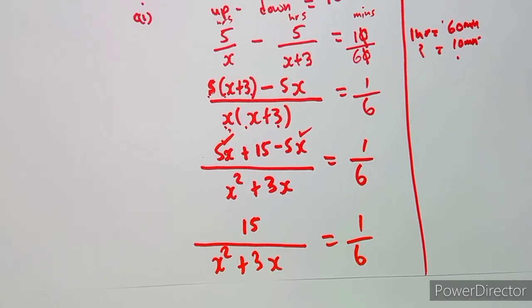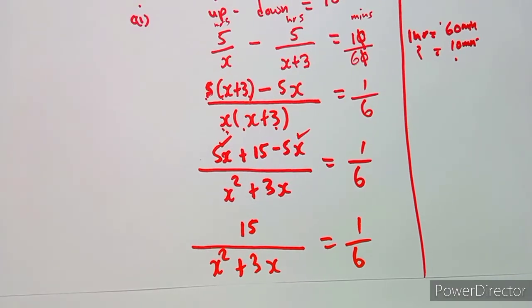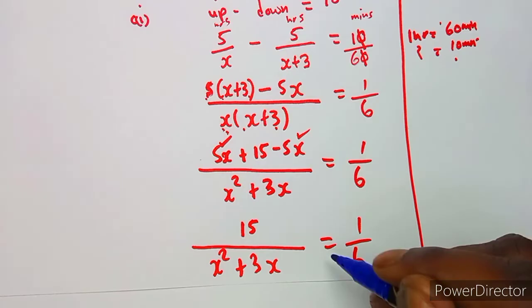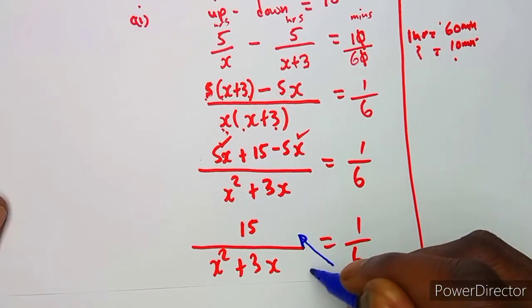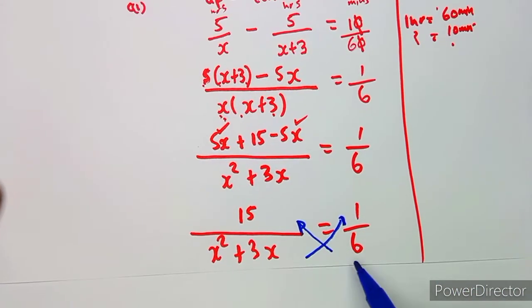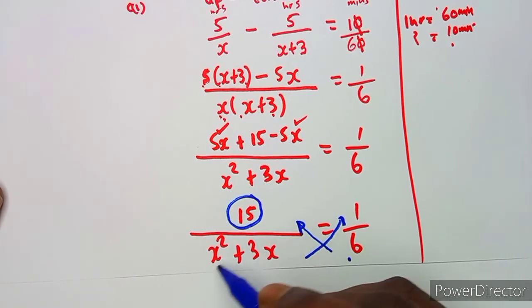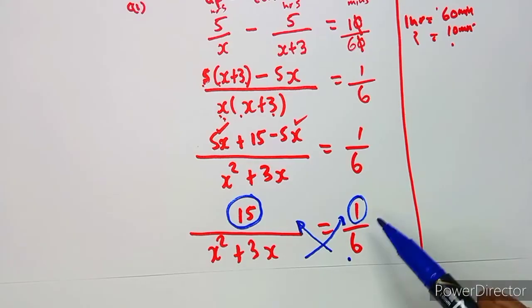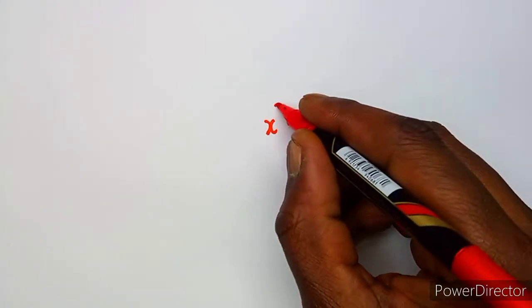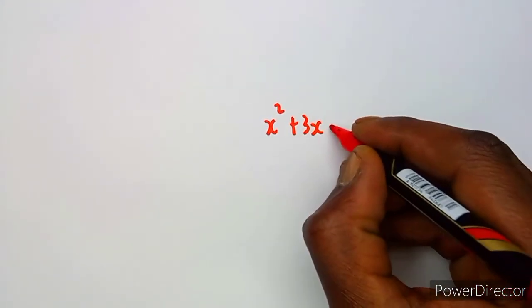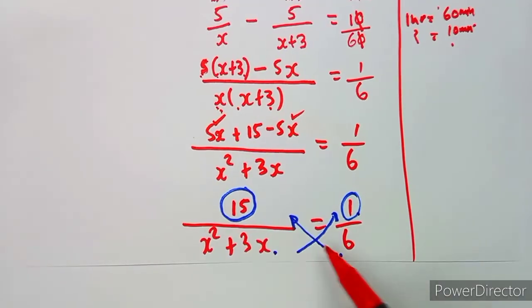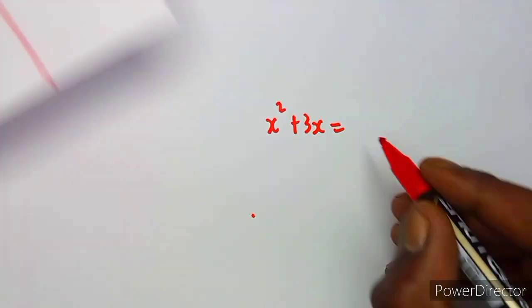So at the end, what are you going to do? Remember, we want to show a certain equation, so here we can cross multiply to remove this fraction. 6 multiplies 15, and x squared plus 3x multiplies 1. So x squared plus 3x is equal to 6 times 15, which is 90.